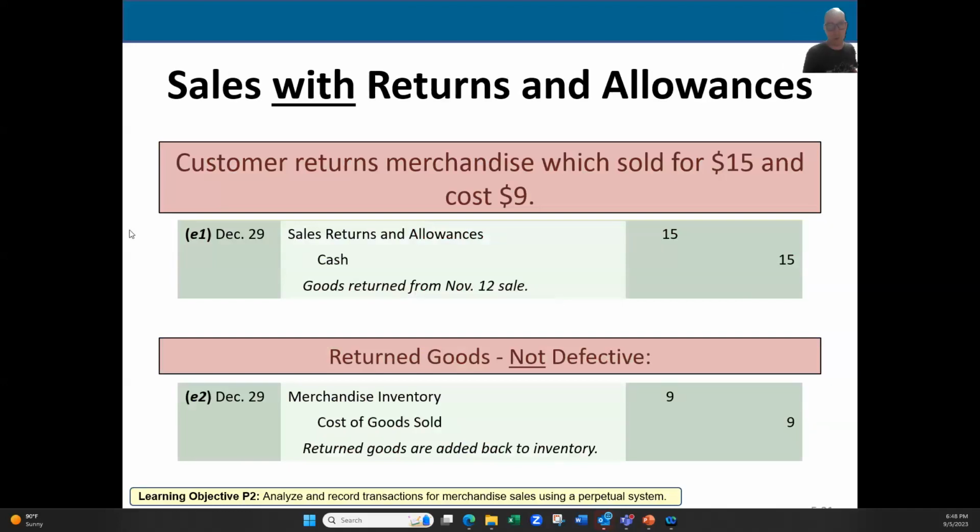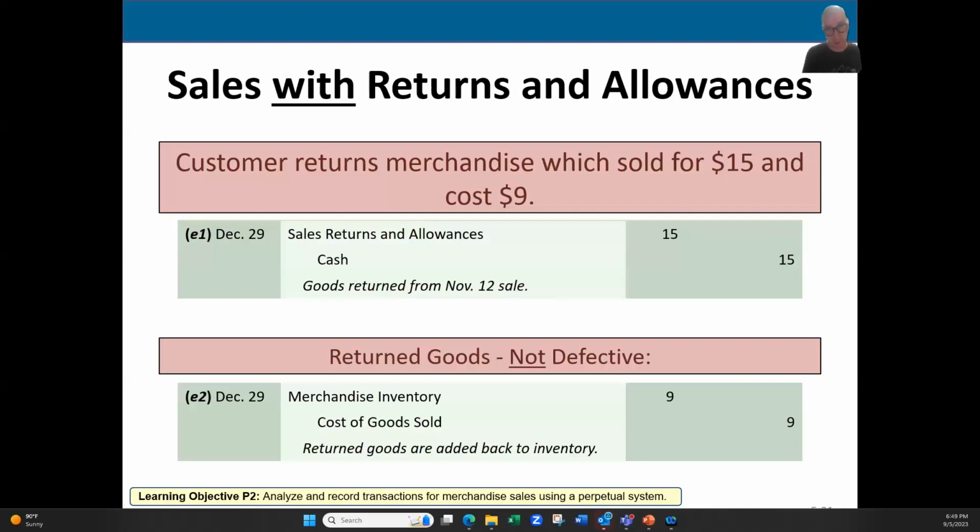Let's go through the examples. Customer purchased something from us for $15. It cost us $9. They're bringing some inventory back to us. It's in good shape. I can resell it. It's not defective. No problem. So, the customer, hey, no problem.